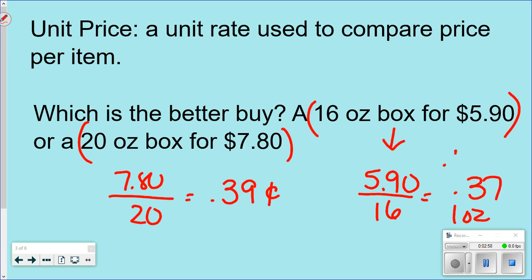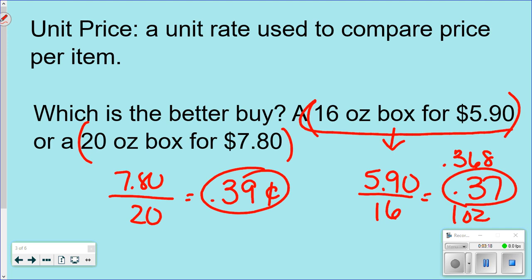I'm going to round it because money always ends in the hundredth spot. So I have 39 cents and 37 cents. If you're going to buy a 16-ounce box of cereal for $5.90 or a 20-ounce box, and you want to know what per ounce costs, this one would be the cheapest per ounce.